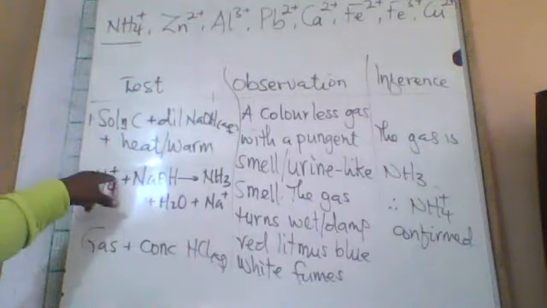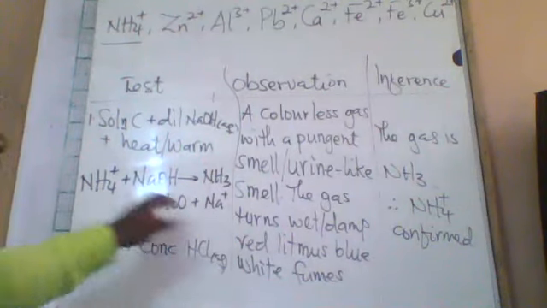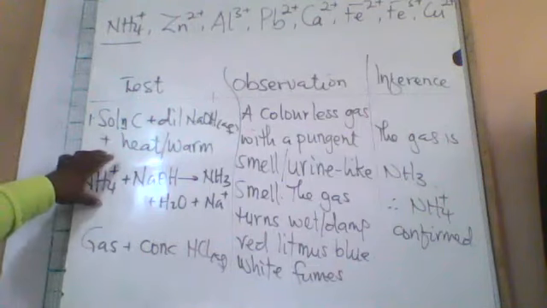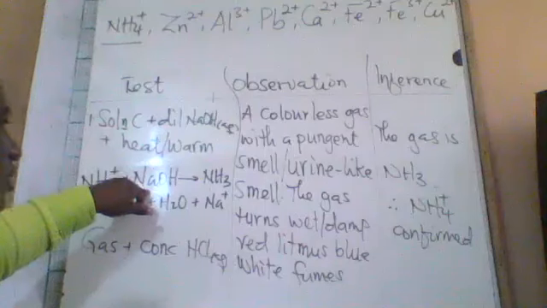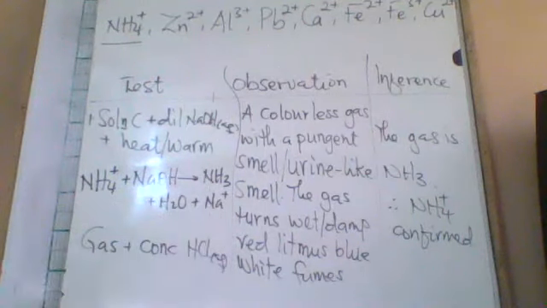If you know the anion in the ammonium compound, then the anion will be added to the sodium to give you the salt. So if this one were to be ammonium chloride plus sodium hydroxide, you are going to get ammonia, water plus sodium chloride.